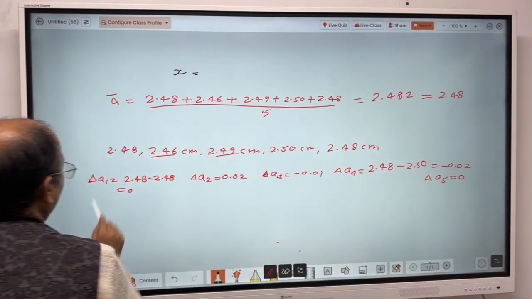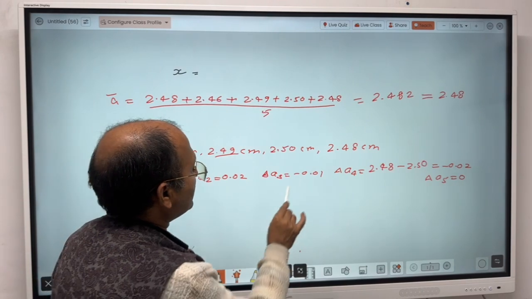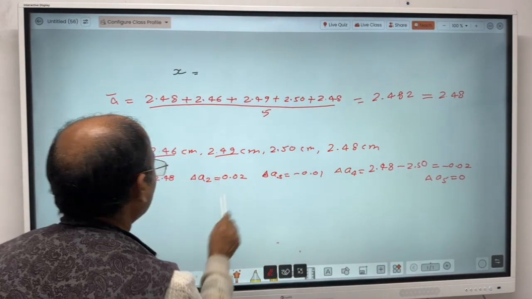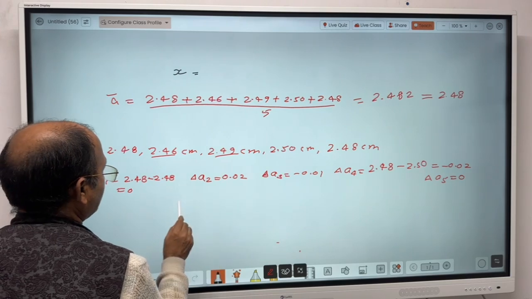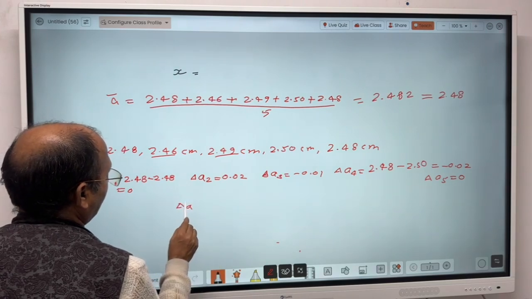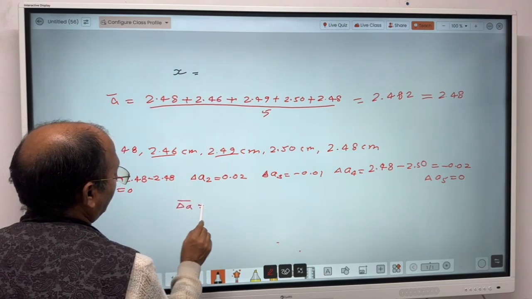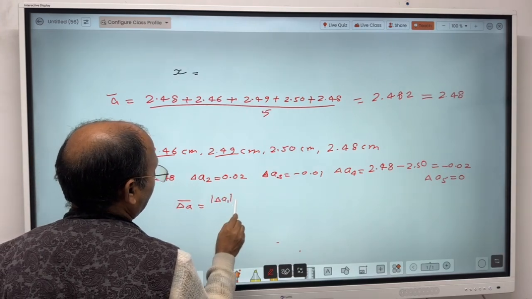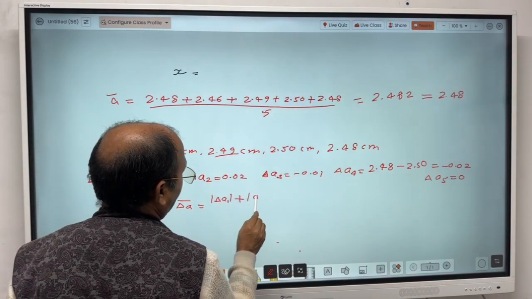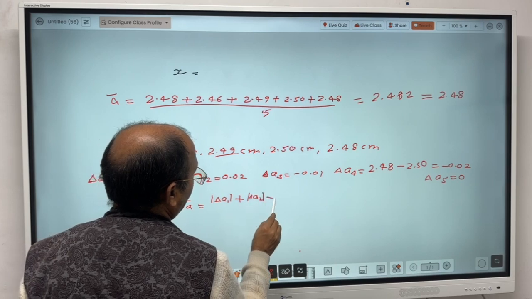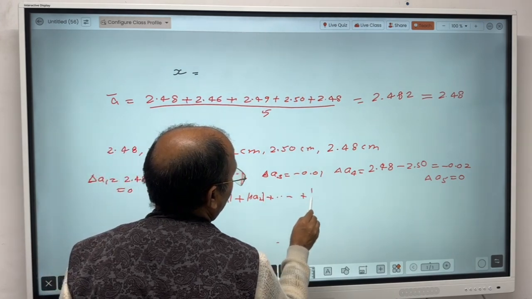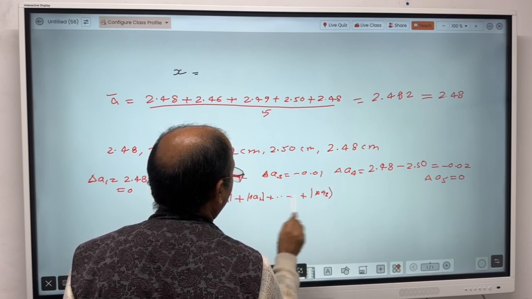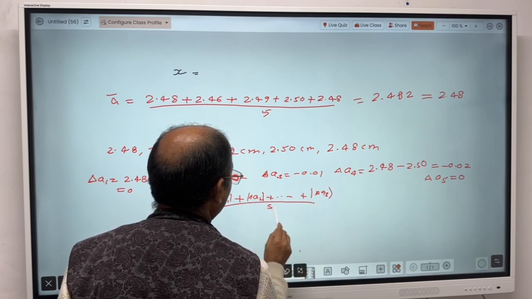Now, as I told you, delta A values are always taken as absolute values, so the negative sign will not be used. Now we find the average of these values. So we say delta A bar will be the sum of these values, modulus of delta A1, modulus of delta A2, plus dot dot dot plus modulus of delta A5, whole divided by 5.